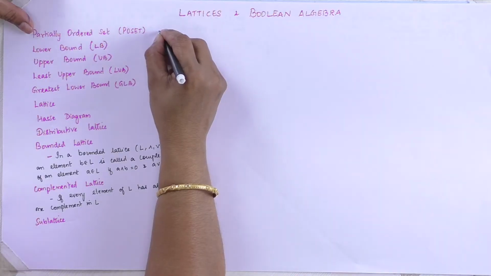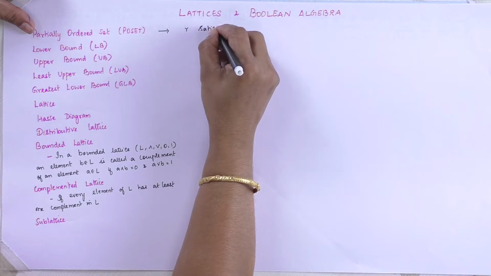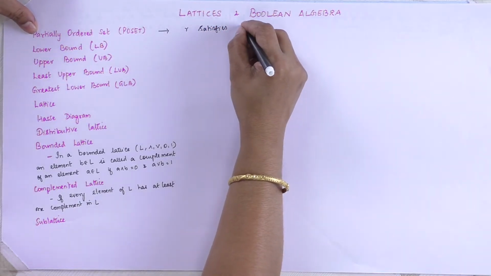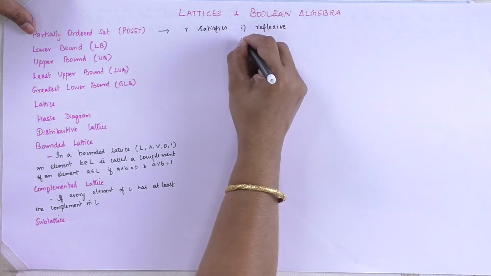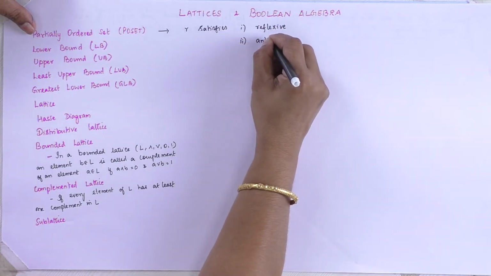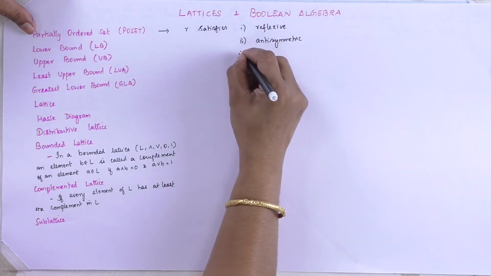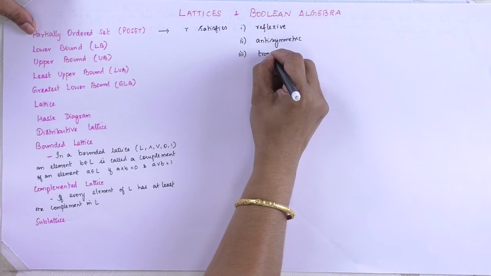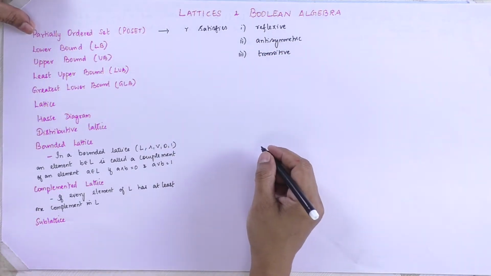Any binary relation R which satisfies reflexive, antisymmetric and transitive, we call a partially ordered set, or a poset.